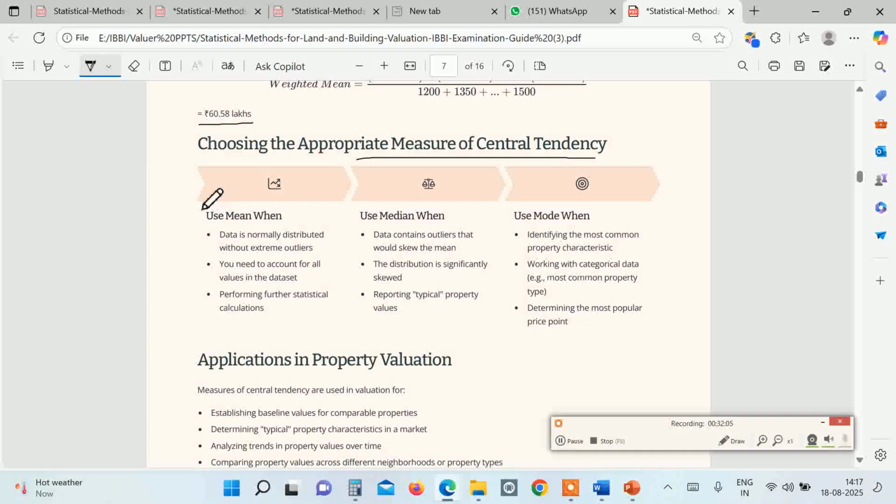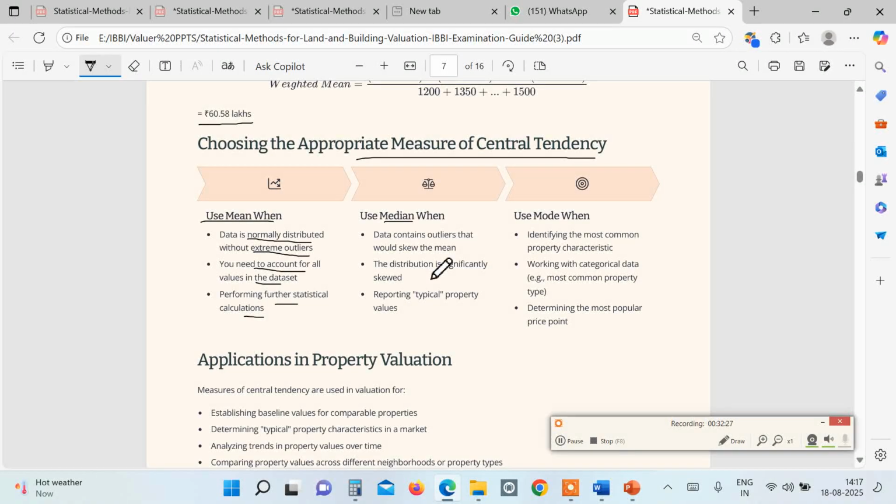So you will be using mean when data is normally distributed with no extreme outliers. You need to account for all the values in the data set and perform further statistical calculation. And you will be using median when the data contains outliers that would skew the mean.